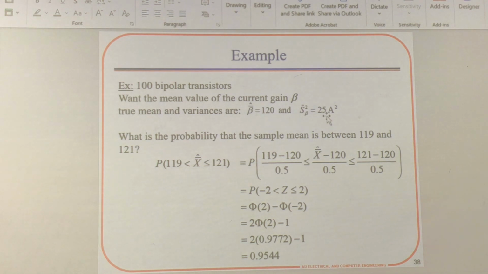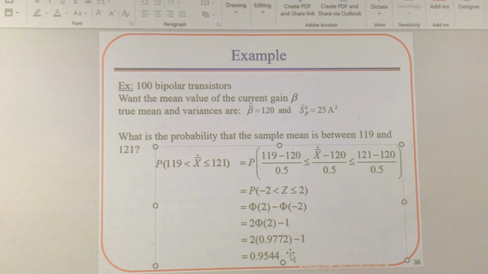So if you take 25 divided by 100, you get 1/4. Now take the square root and get 1/2. That's where this comes in. The standard deviation is now going to be the square root of s tilde squared divided by n, or 100. And he puts this as probability from -2 to 2. When you do all this, because 1 over 0.5 is 2, it's -2 to +2. And he goes down and says 95% chance.